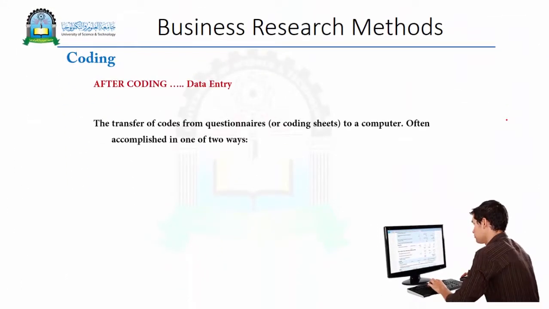After coding comes data entry, where we transfer the codes from questionnaires or coding sheets to the computer, often accomplished in two ways. The first is online direct data entry: if the questionnaire is online and answered electronically, the data is gathered electronically.